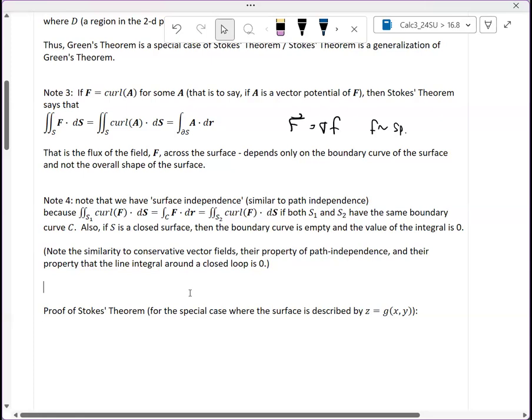So provided two surfaces have the same boundary curve, the surface integral of their curl is going to be the same regardless of what the surfaces actually are on the interior.